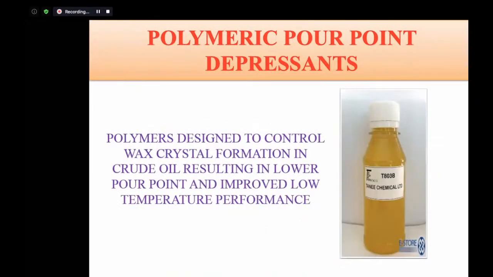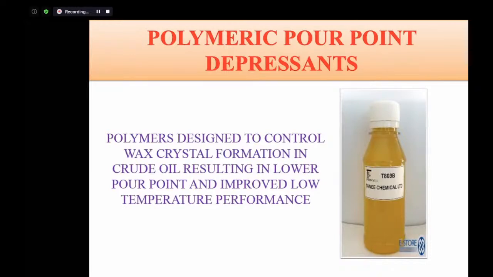Okay. Now we have seen the problem. We have seen the categories of the solution. The next category in chemical is using polymeric pour point depressants, or the flow improvers. Flow improvers means anything which could decrease the increased viscosity, or reduce the drag force, or make the transportation easier.